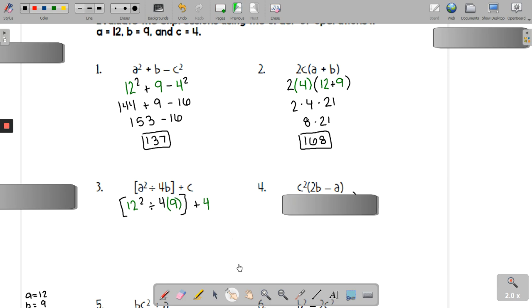That whole quantity is added to 4. Let's look inside the parentheses. Inside the parentheses, we have to apply PEMDAS again. We start with the exponent, 12 squared, and 12 squared is 144. And then we can also do 4. No, we can't. We're going to bring down 4 times 9.